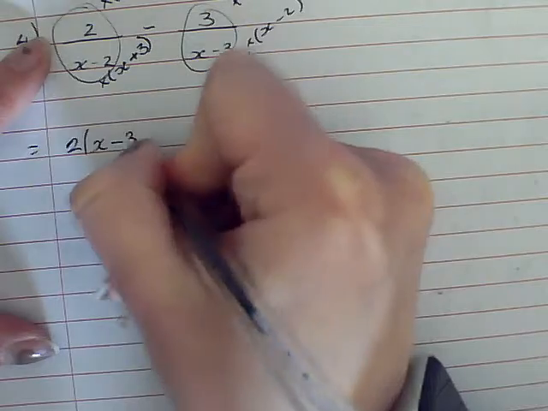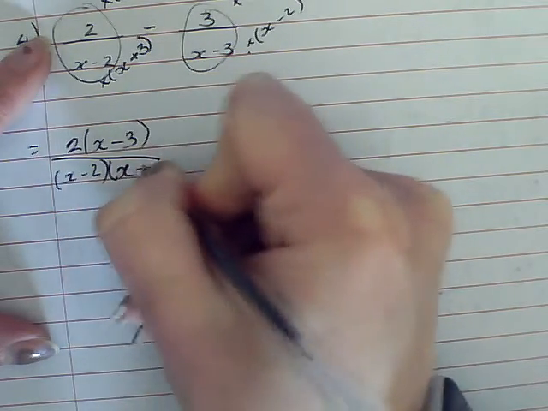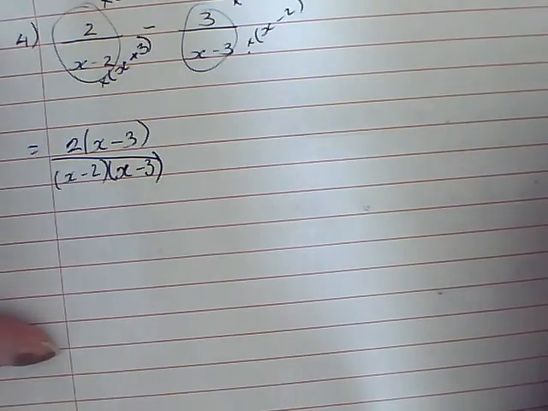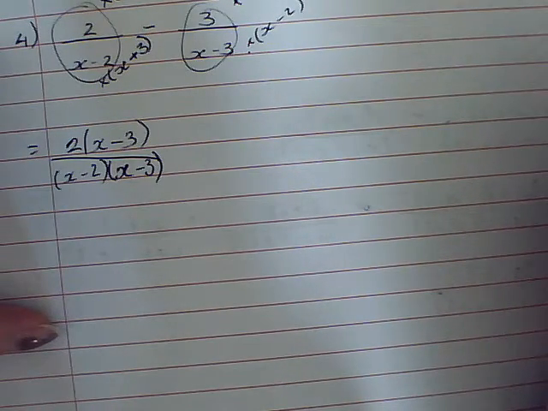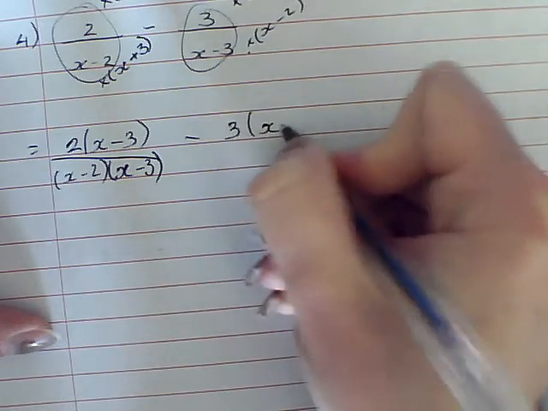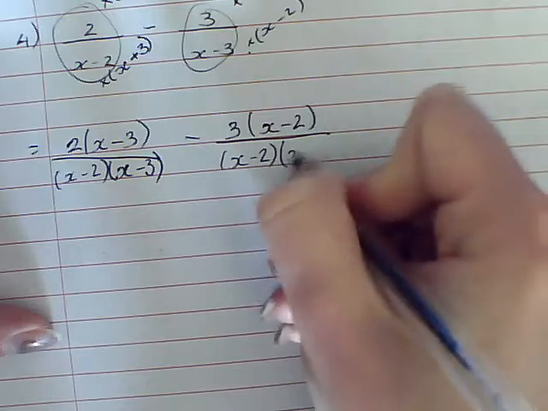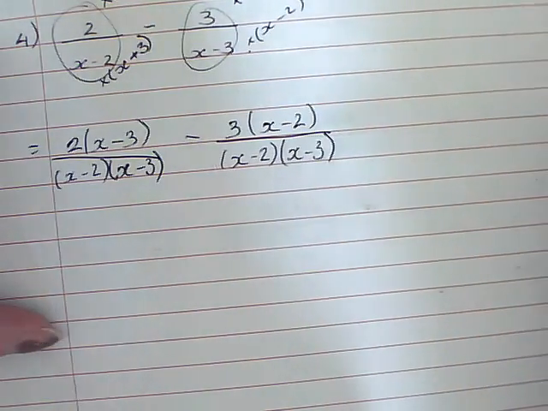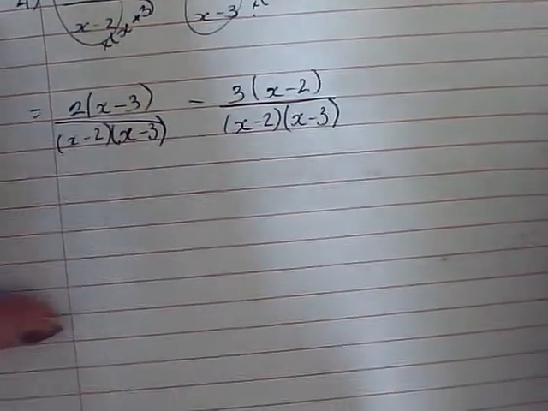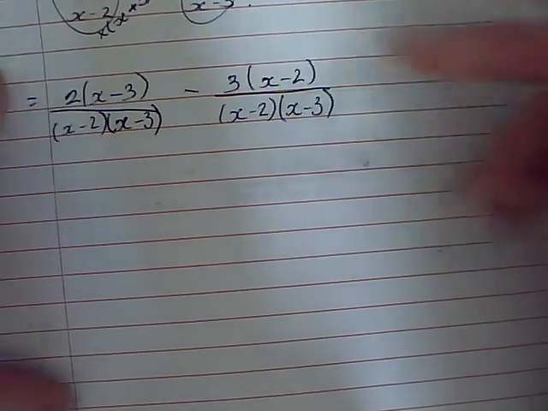So the left hand side, that looks absolutely atrocious. And subtract, I'll get a bit neater. There we go. So now my denominators are the same, I'm going to expand the top line.